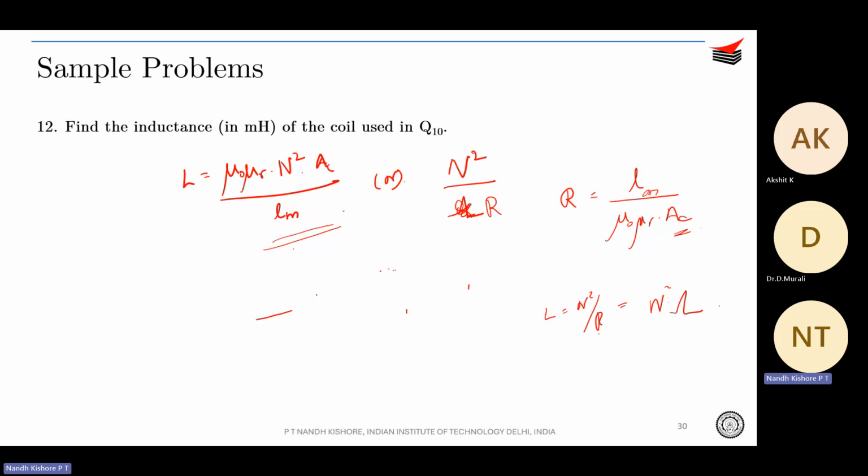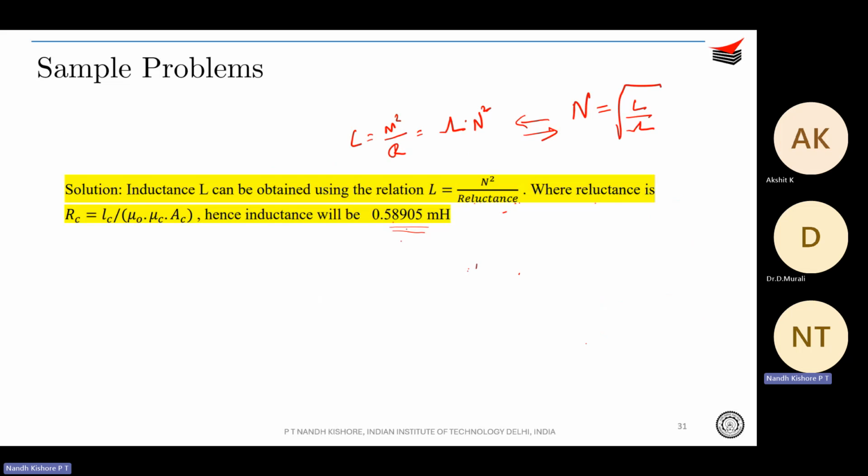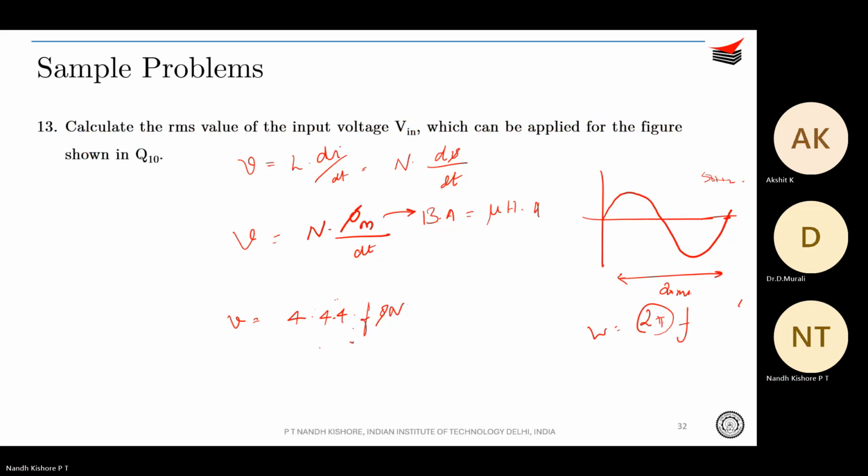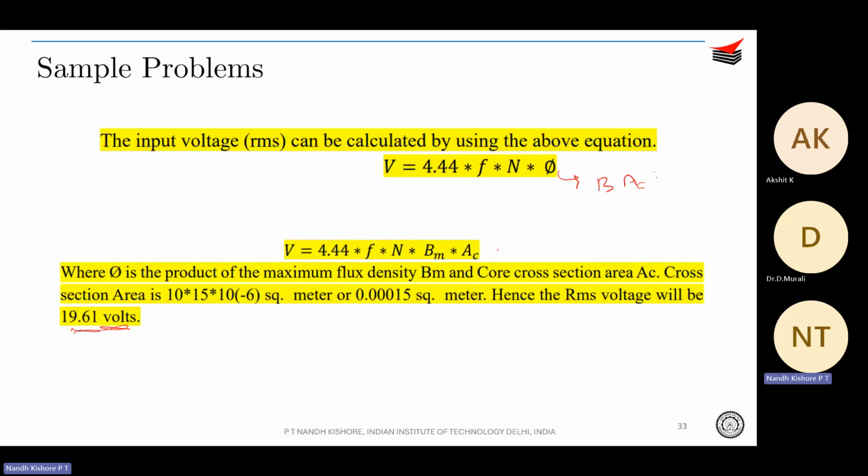So from that you get your inductance. And finally, what is the RMS value? V is simply 4.44 into F into phi into N. That is applicable even for induction machines or power transformers.